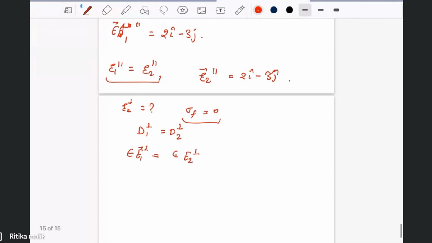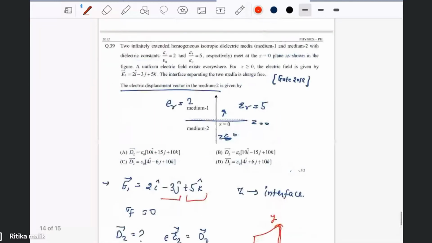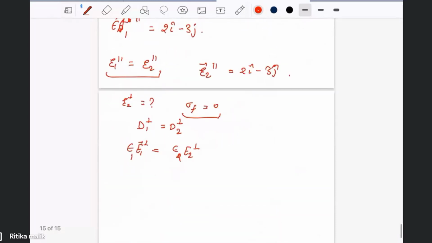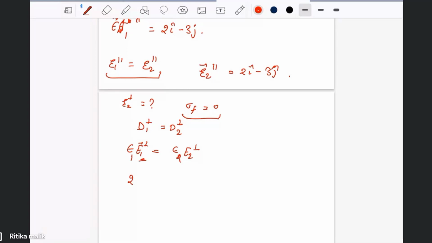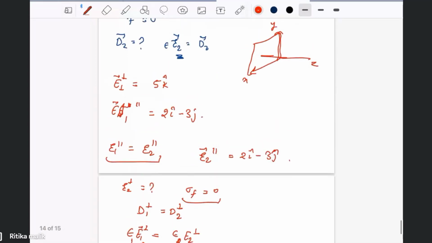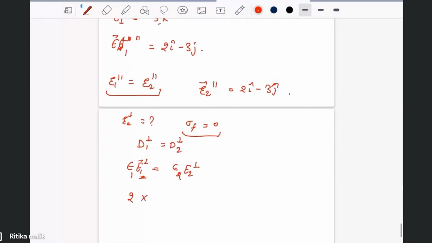Epsilon is different for 1 and 2. Epsilon 1 for medium 1 is 2 and for medium 2 is 5. So we have 2 times E1 perpendicular, which is 5, equals 5 times E2 perpendicular.